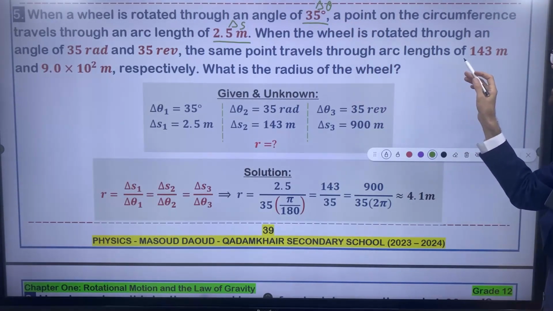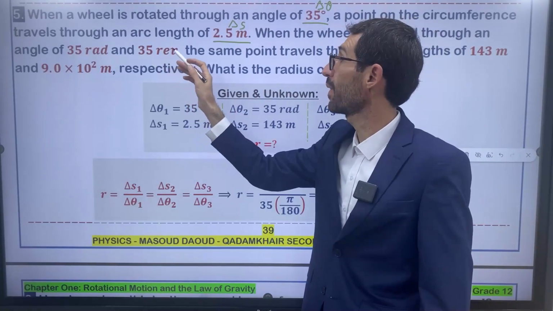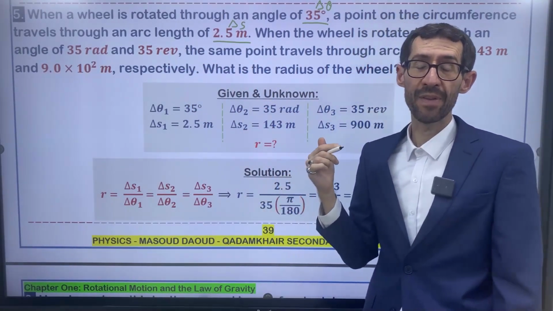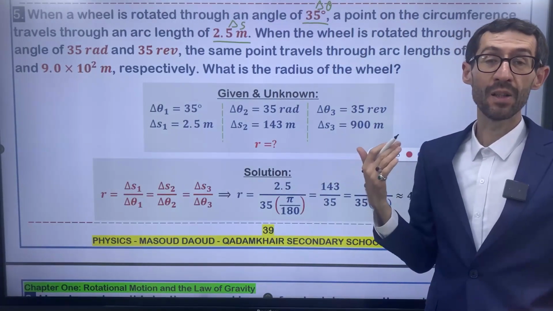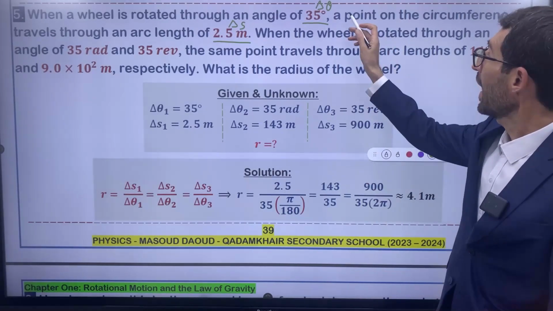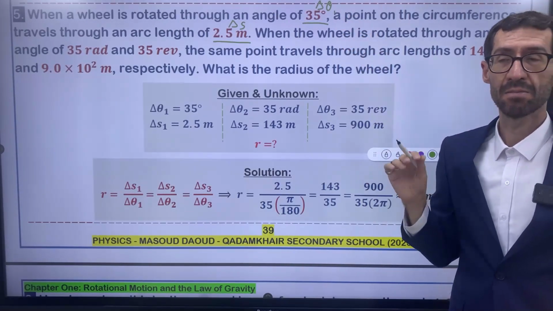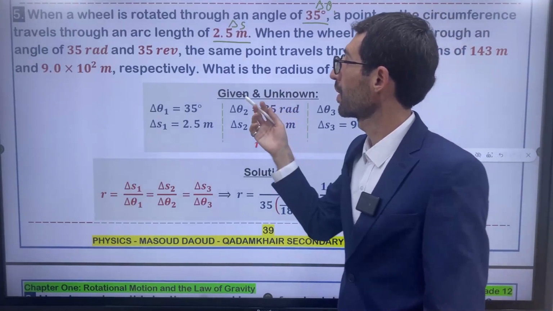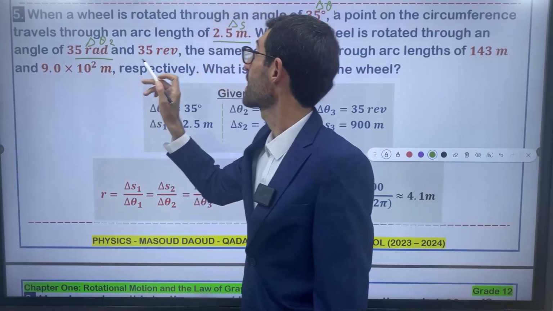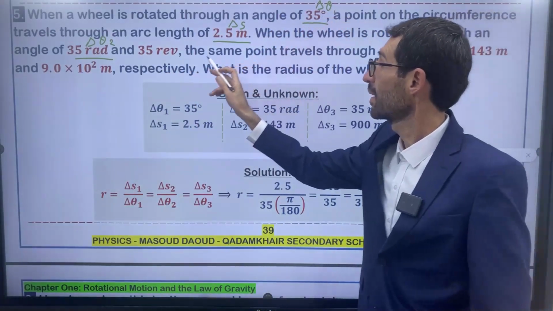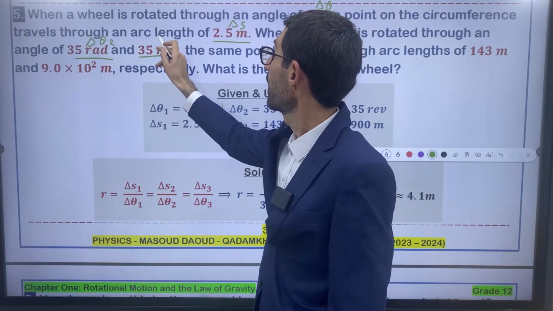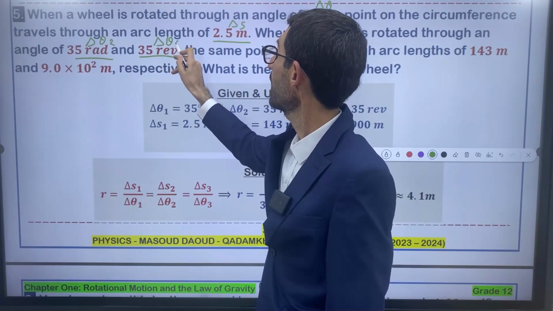When the wheel is rotated through an angle of 35 rad and 35 rev, we have three different values of angular displacement. We have to separate them by putting a subscript for each. This one is delta theta 1, 35 rad becomes delta theta 2, and 35 rev becomes delta theta 3.